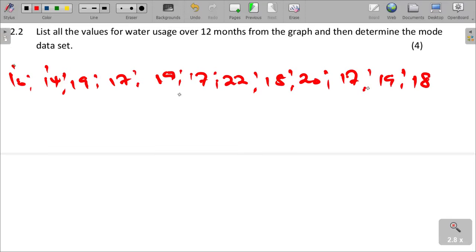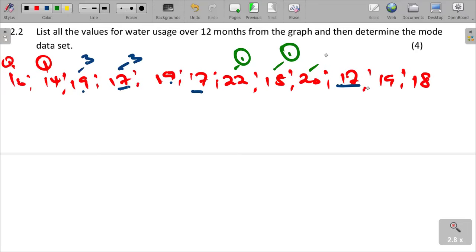I only see 14 once. 19 appears here, there, and there, so 19 is 3 times. 17 is also 3. 22 is only once. 15 is also once. 20, obviously, is once again.